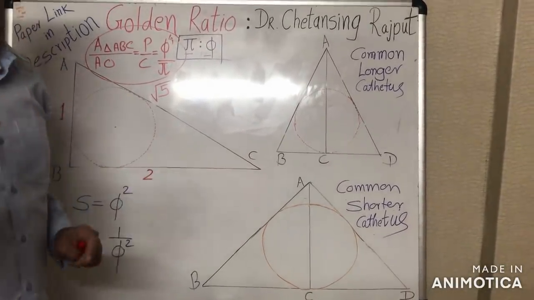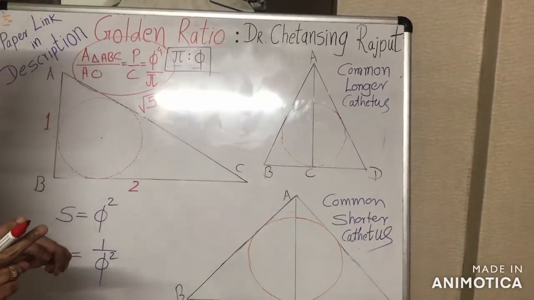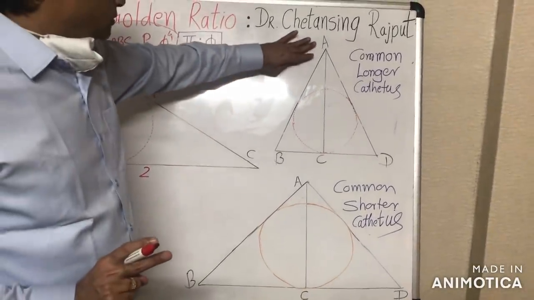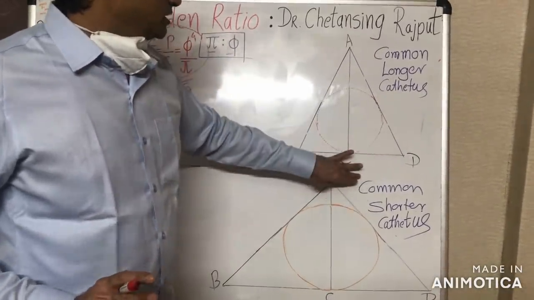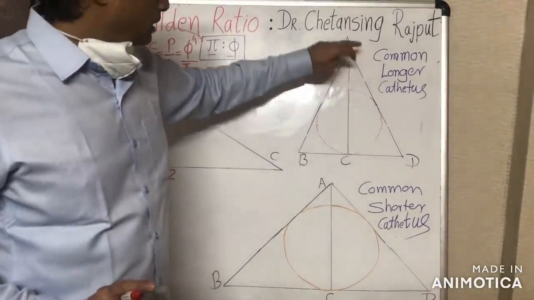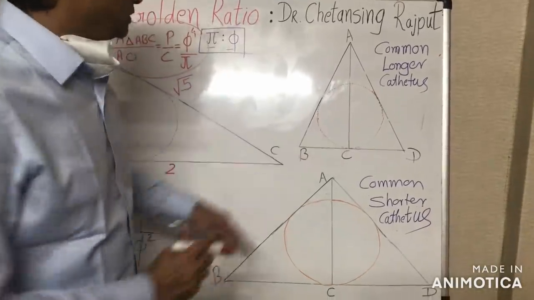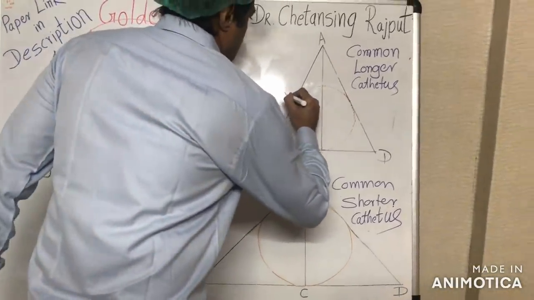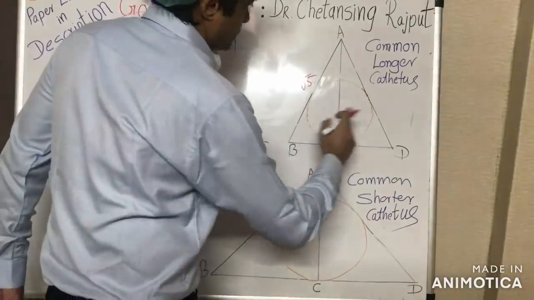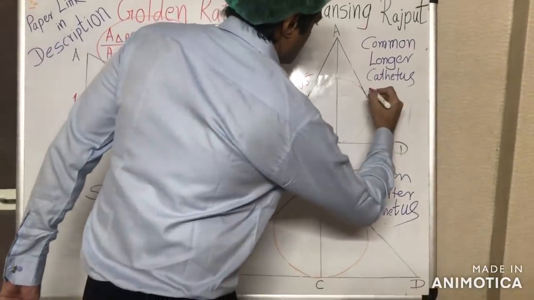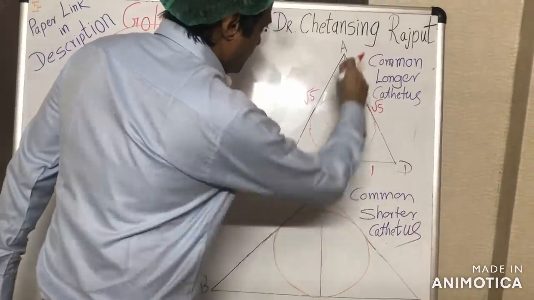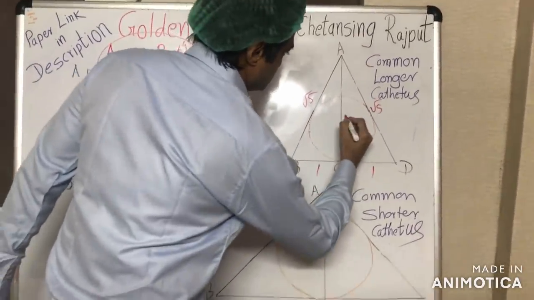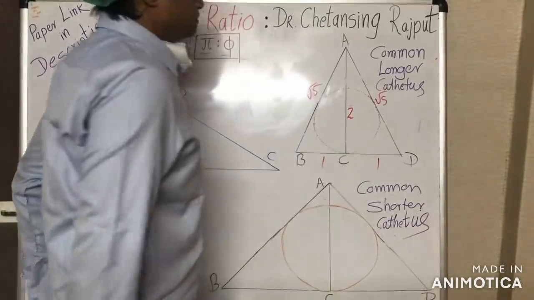And if we consider a couple of such triangles, like here, triangle ABC and triangle ADC with their common longer cathetus AC. This is hypotenuse root 5 of this triangle. This is hypotenuse root 5 of triangle ADC. This side 1, 1, and this is the common longer cathetus 2.